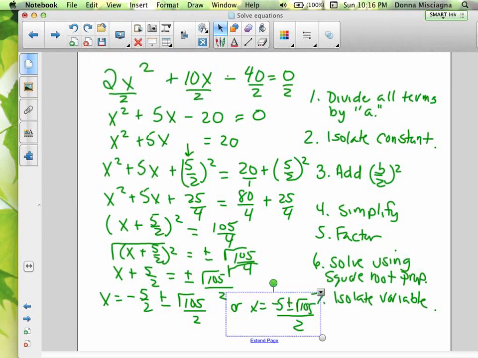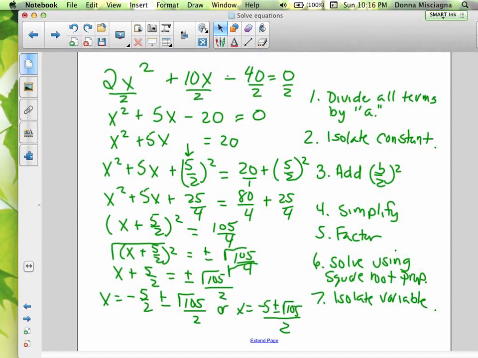I don't know why it does that. All right, good enough. There we go. So unless you like it over one denominator, they're equivalent expressions. That's the most simplifying you can do.